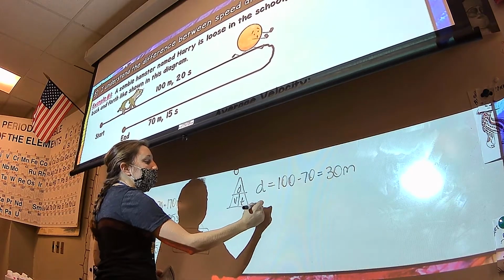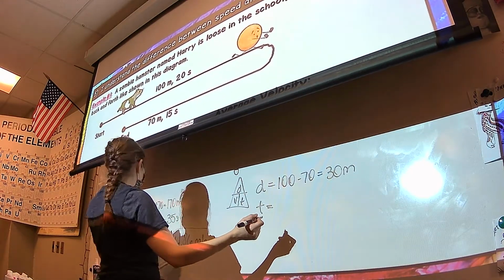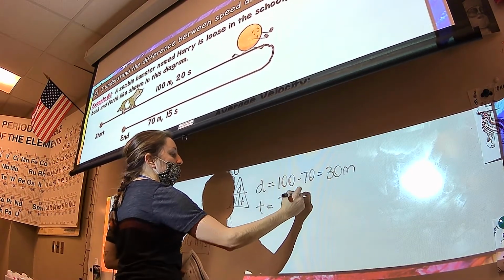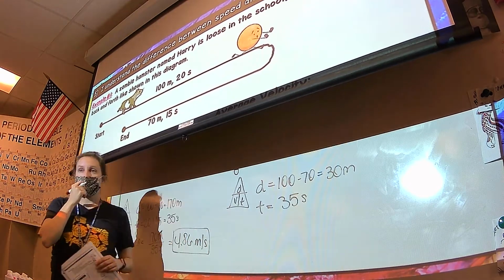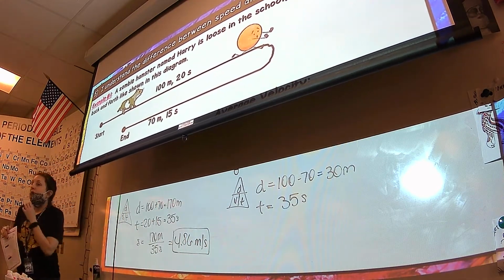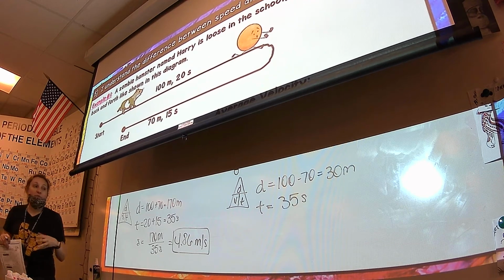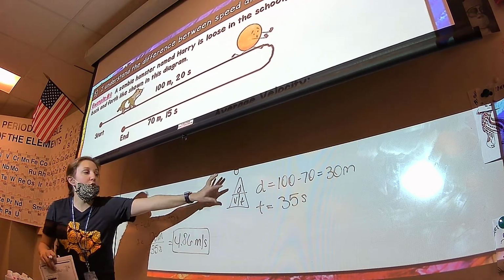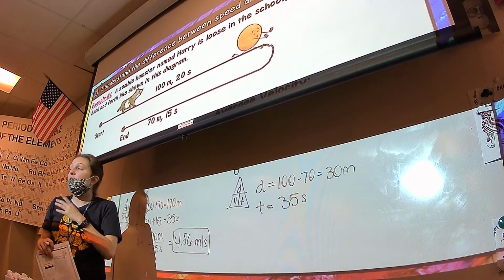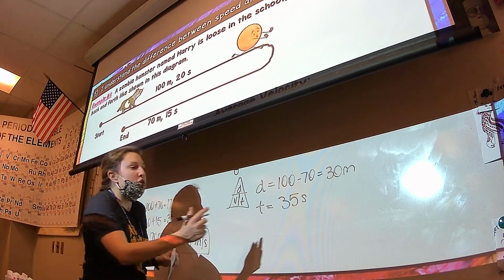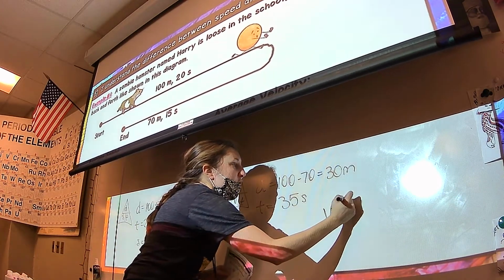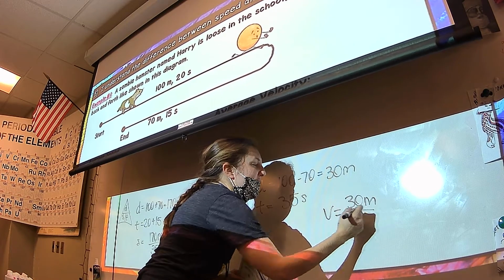Our time is going to be the same, which was 35 seconds. And then our math will be the same as far as dividing. We still do D divided by T to find velocity. So we're going to do velocity equals 30 meters divided by 35 seconds.